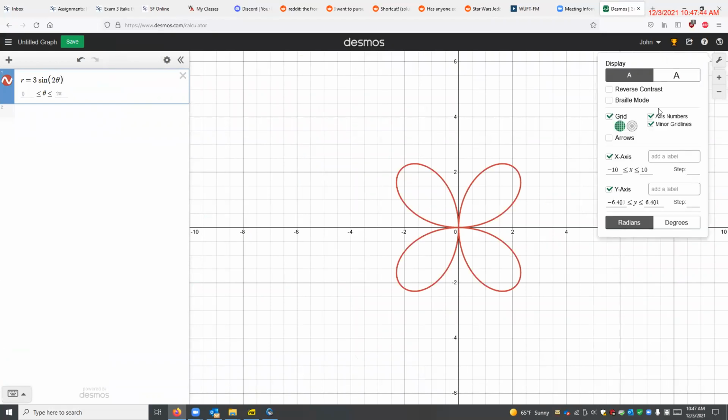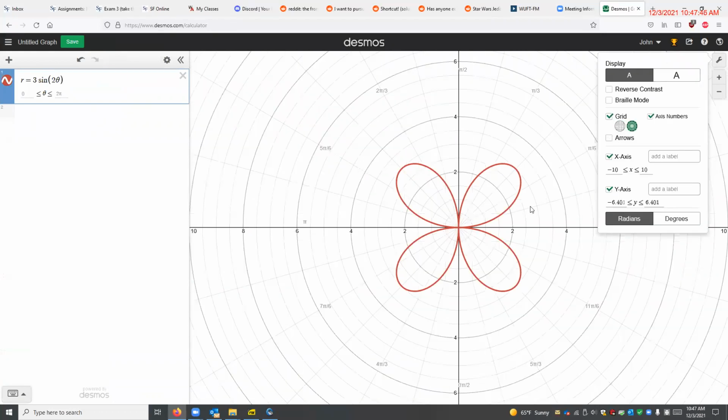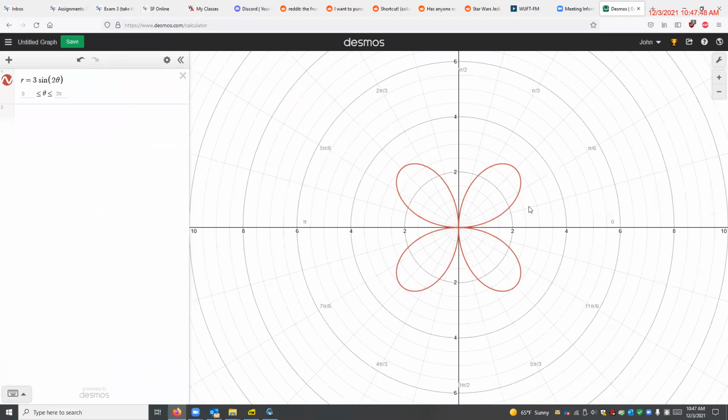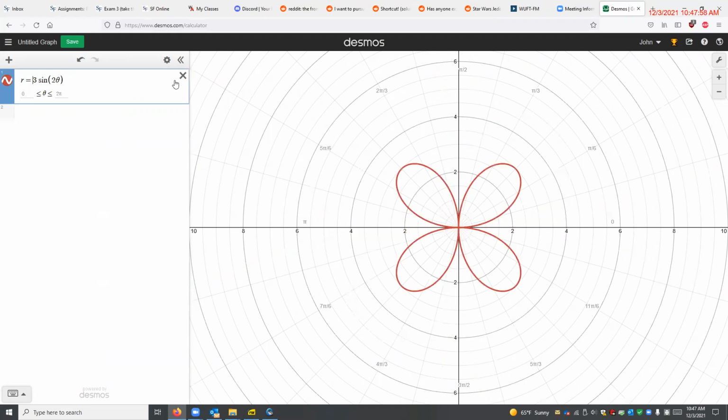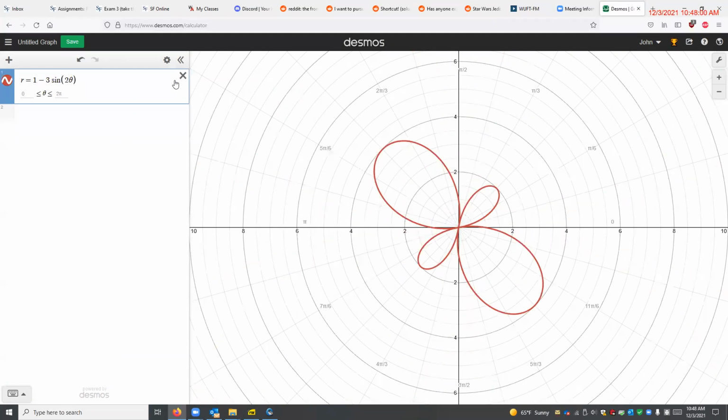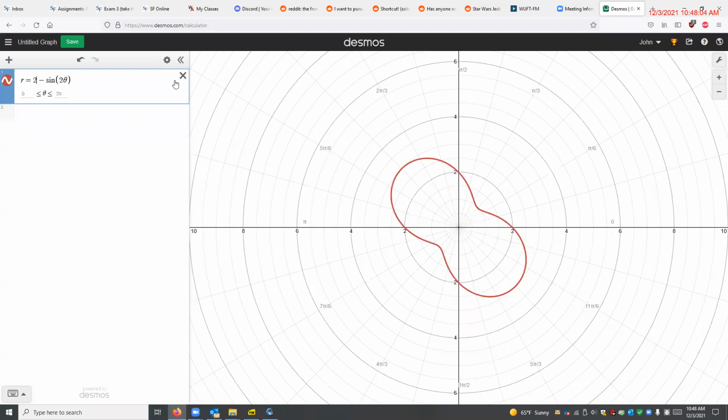I do recommend changing this to the polar grid. That'll help you see what's going on. There are some other fun things like 2 plus this. Wow! Or 1 minus this. Or 1 minus that. Or 2 minus that.